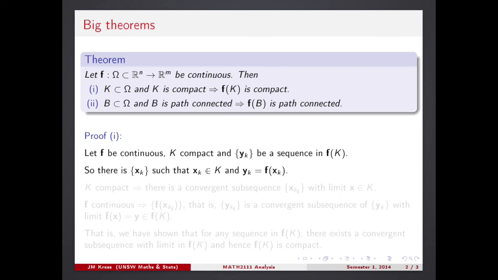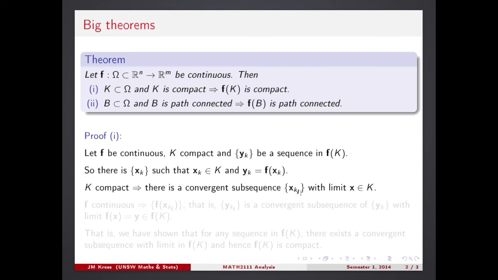It must have some points in K itself, which make y_k the image of x_k's. Otherwise, they won't be in the image. Now, this new sequence x_k is in K, which is assumed to be compact. And so for this x_k, we do have a subsequence, because K is compact, so there's a convergent subsequence of x_k.